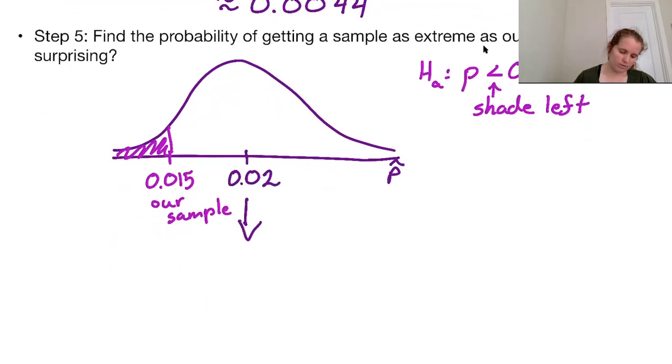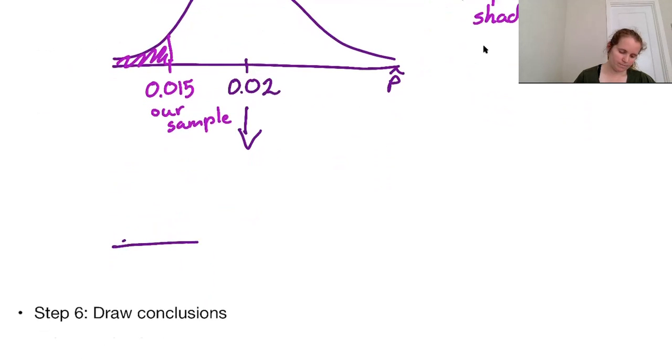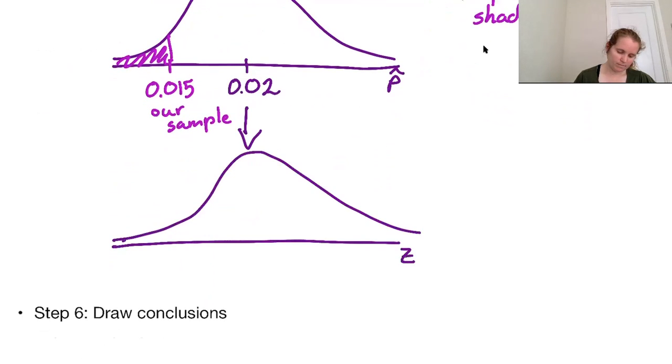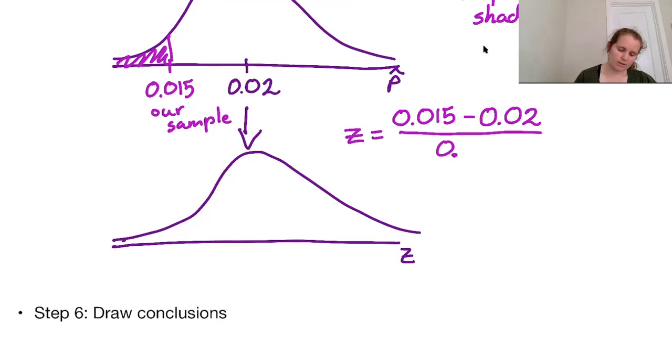From here, we'll convert to z-score. So we need to figure out how our data value converts. So z, we will do our data value 0.015 minus the mean 0.02 divided by our standard deviation 0.0044, and we'll see what we get.